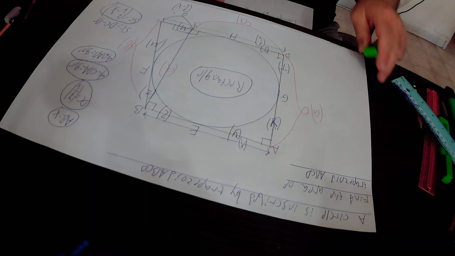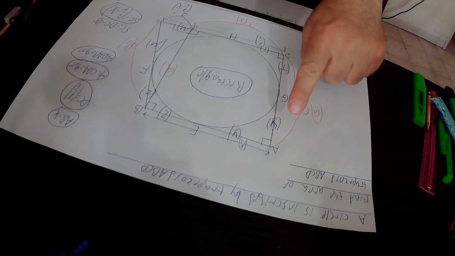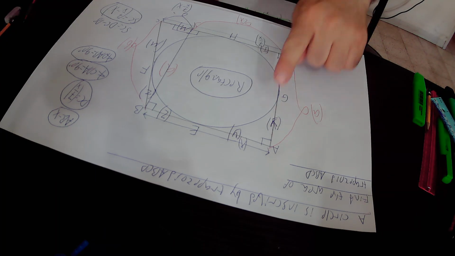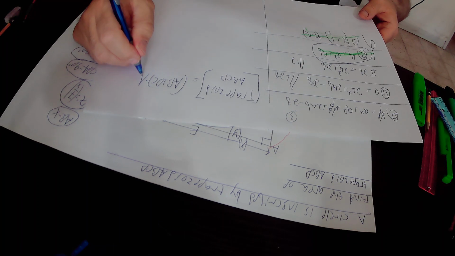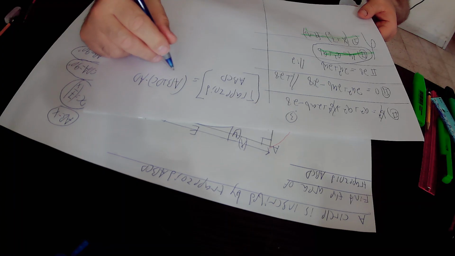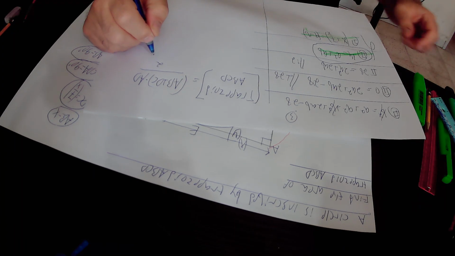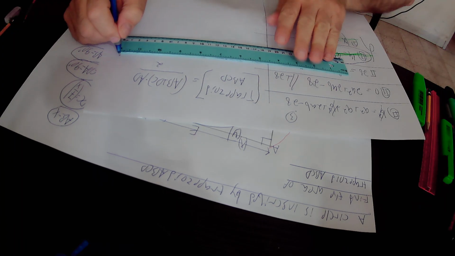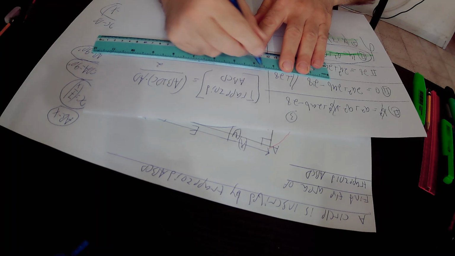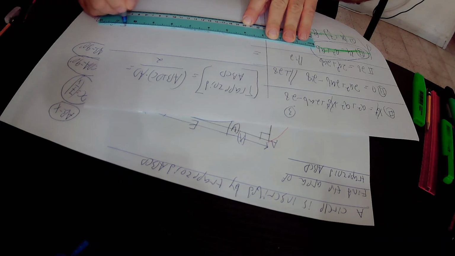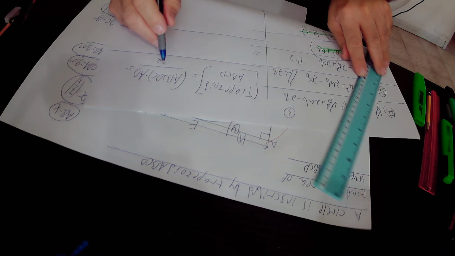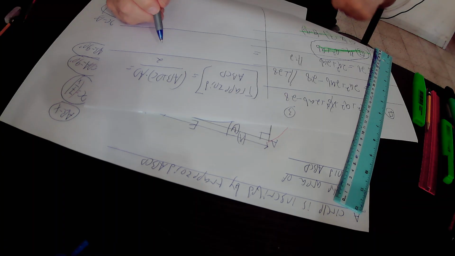Here you can see that side AD creates 90 degrees with the base AB, and it also creates 90 degrees with the base DC. Therefore, the height is AD, divided by 2. In conclusion, the area of trapezoid ABCD equals the sum of the two bases, AB plus DC, times the height, AD, over 2.